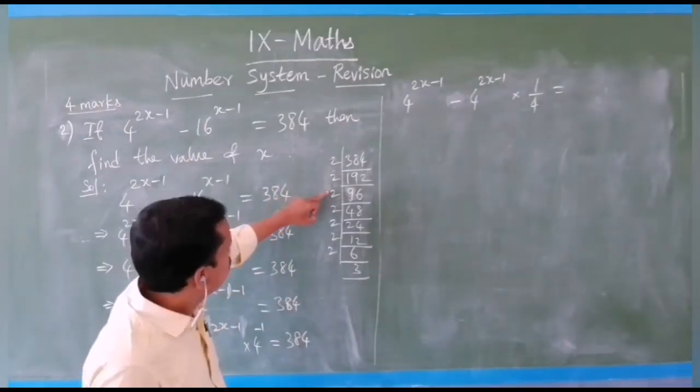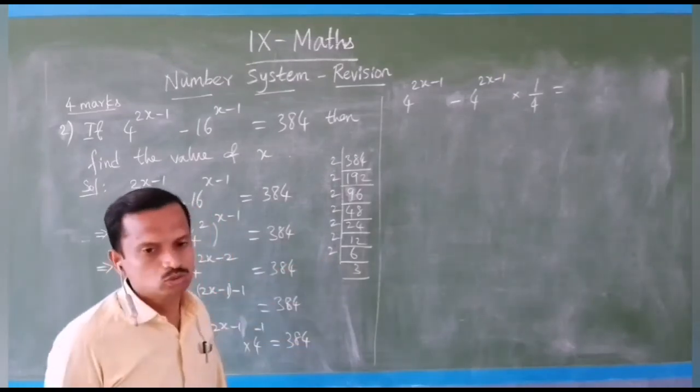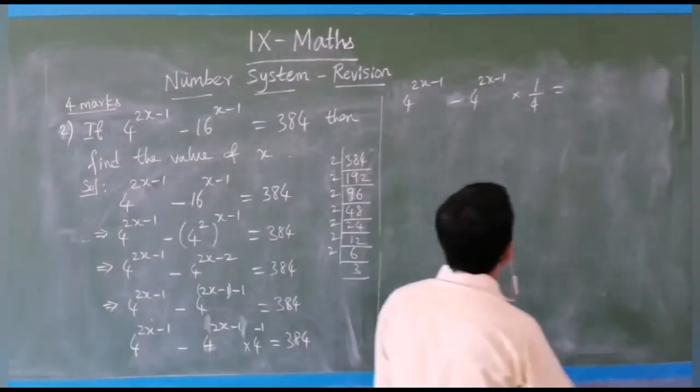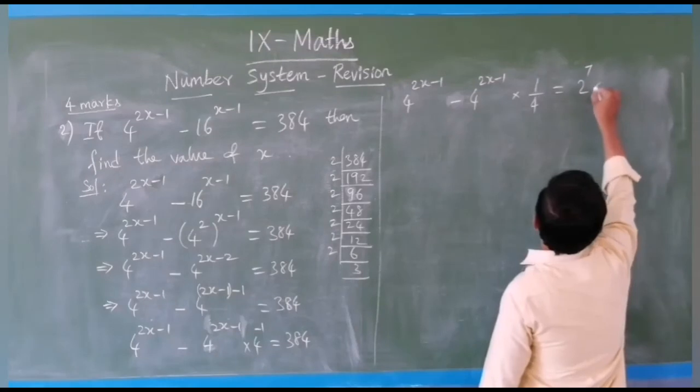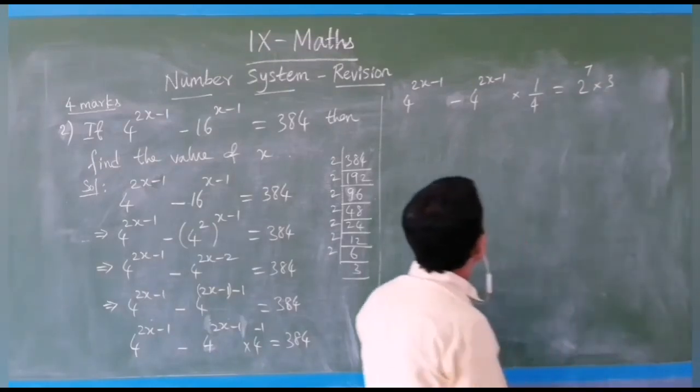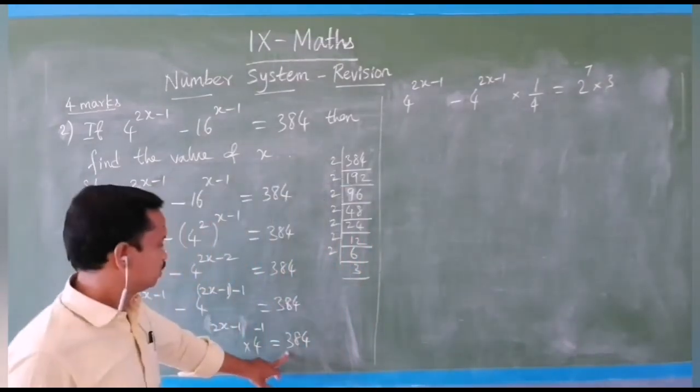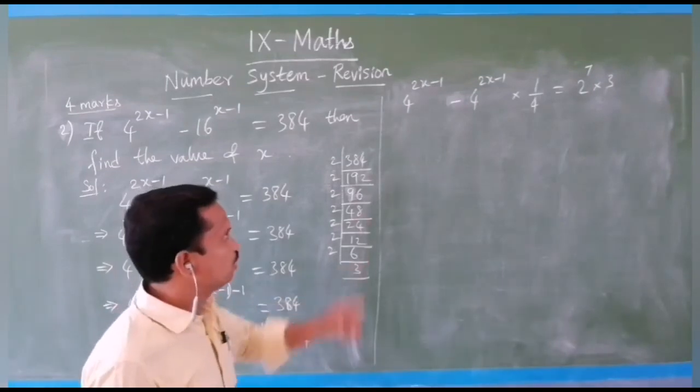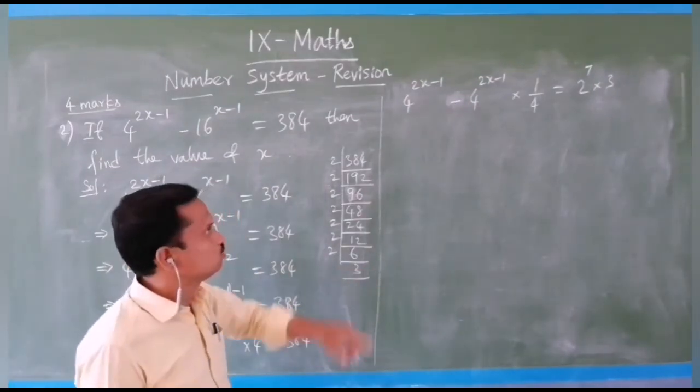So 1, 2, 3, 4, 5, 6, 7, how many 2s are there? 7. So 2 power 7 into only one 3 is there. So I have found the prime factorization of 384, that is 2 power 7 into 3.